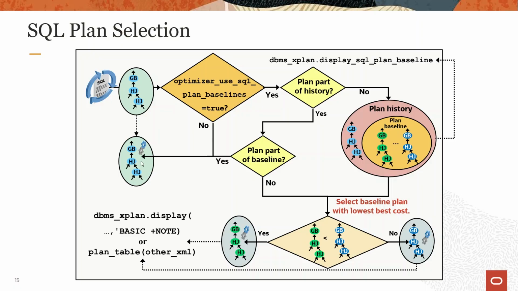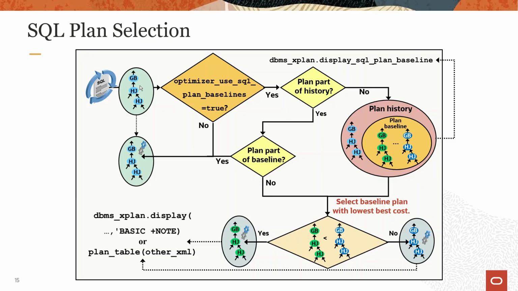If it is, it can be used. It's a good plan, in fact. Now, if the execution plan generated by the optimizer is not part of the history, it will be placed inside the plan history, and it will choose a baseline plan, the one with the lowest cost. And that's the execution plan that is going to be used, in fact.